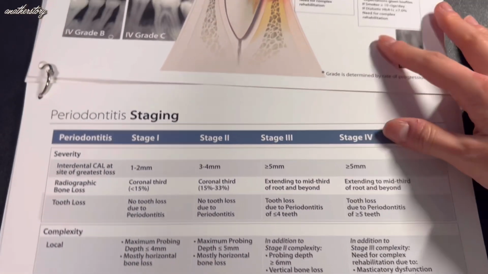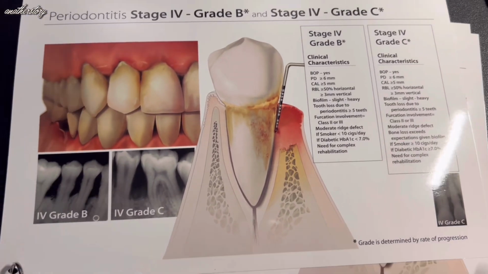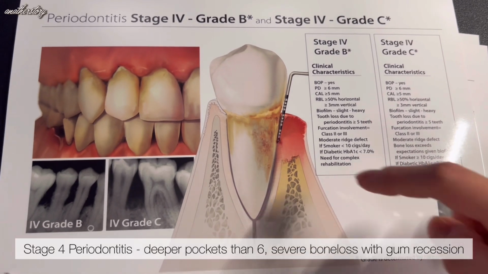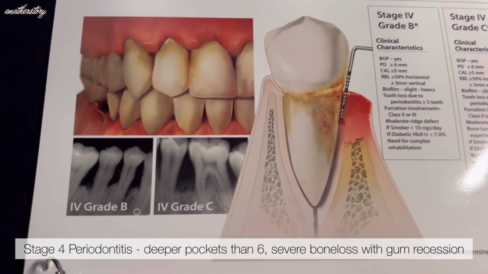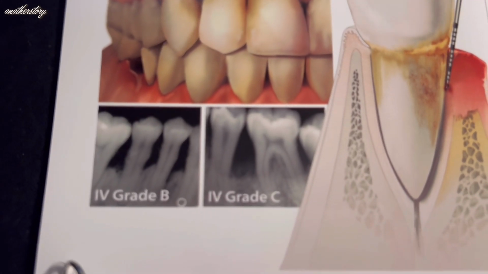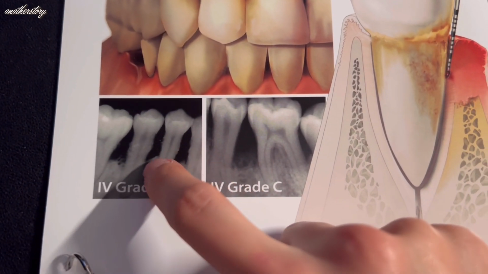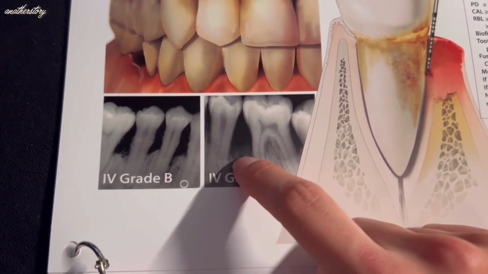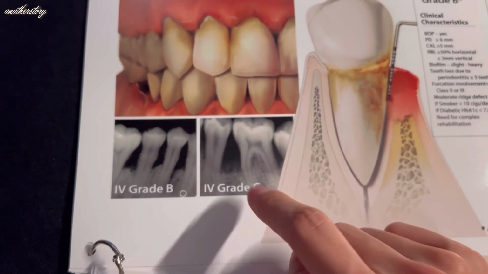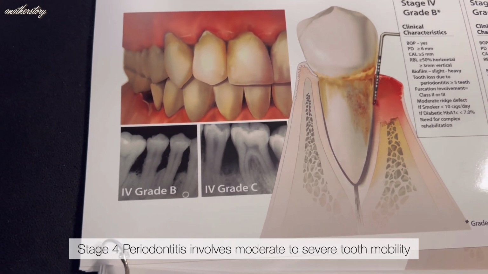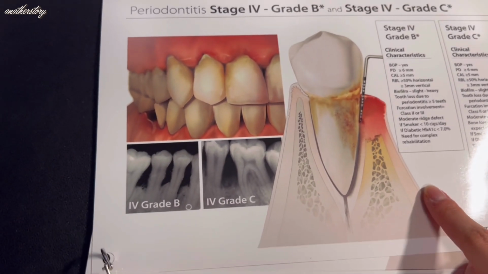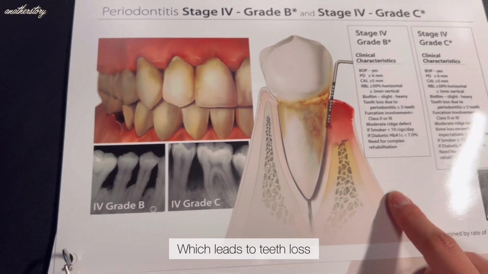But when we move to stage 4, this is when we see a huge chunk of bone loss. Of course, if you see this x-ray right here, the bone is very, very much below where it should be. At this stage, the teeth will be pretty mobile, and a lot of patients come in at this stage because it's very, very painful.